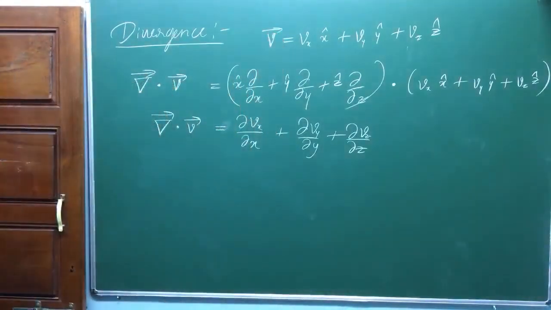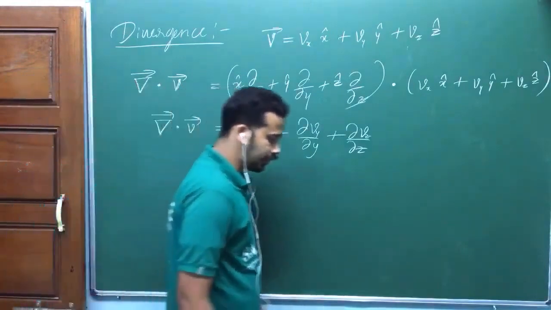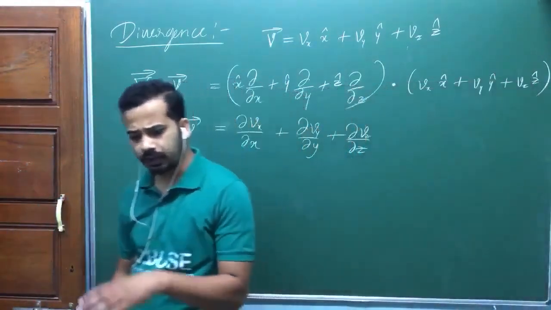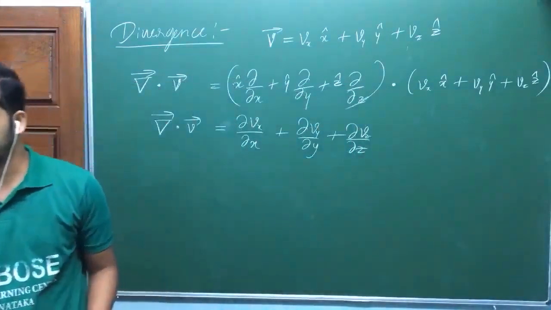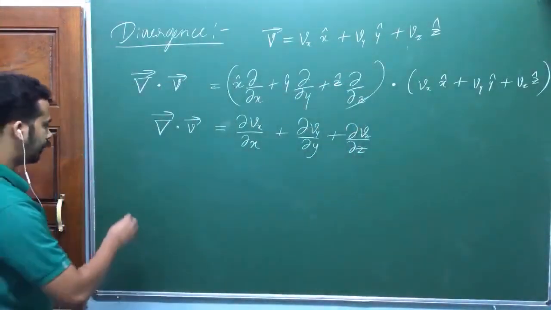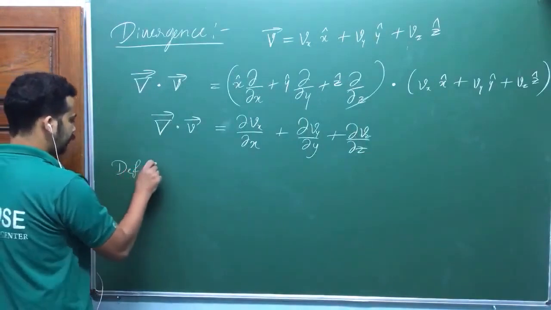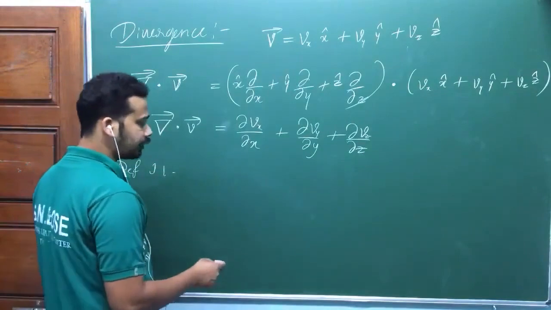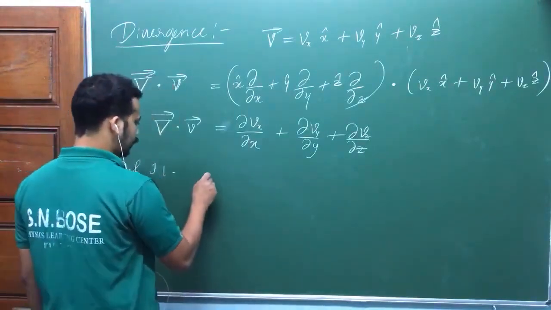Okay. There are 2 definitions that I can give you about this divergence. Those definitions are on its geometrical meaning actually. Is that okay? The first definition is as we have taken in the last class. Am I right? So what is this one?